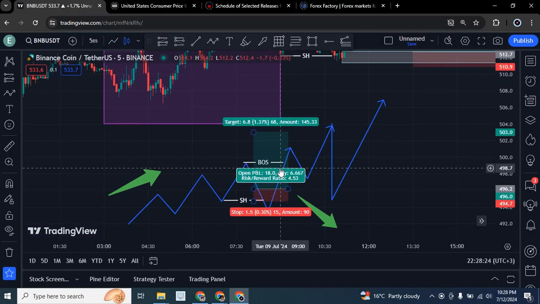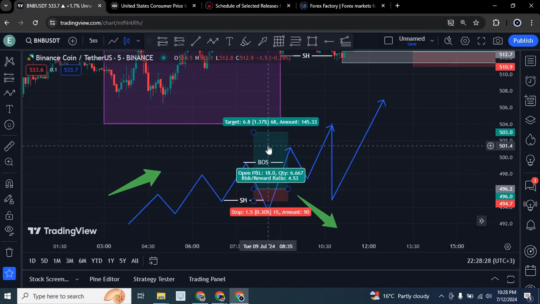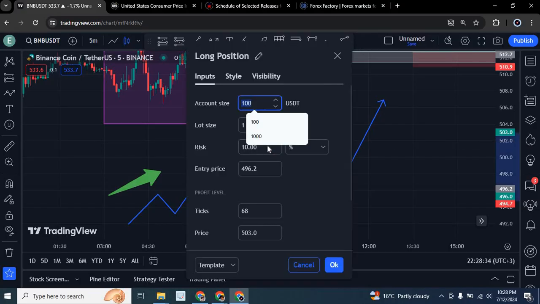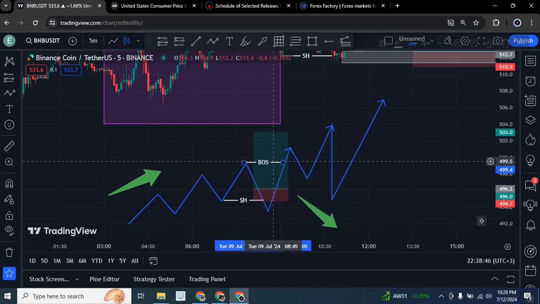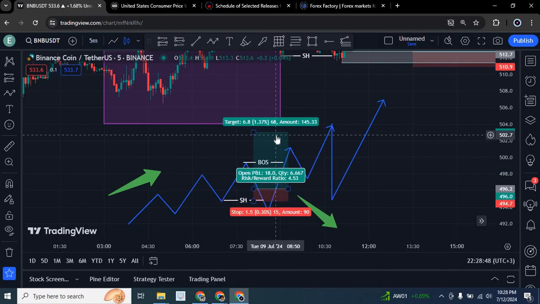Let's use just this. In crypto, what you do, you'll just double click on that, what do you call it, the position tool, like that. Determine the capital you're using. Let's say the account size or the margin that you're using, or rather the capital. Assuming you're using $100.